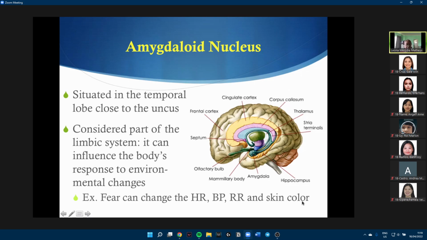What will be the effect of fear on your skin, on the color of your skin? Pale. Correct. In Tagalog we say, namutla sa takot. So again, these are the things related to the body's response to environmental changes.